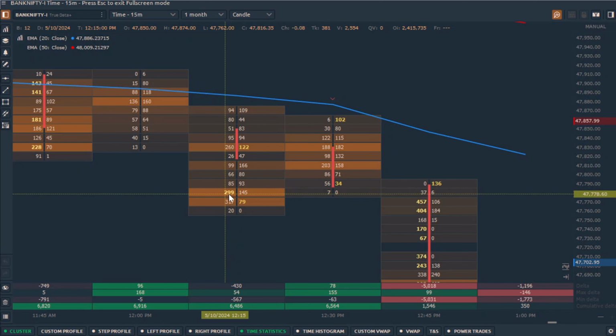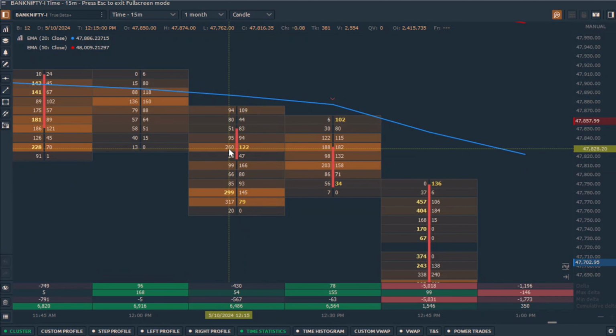Now if you look at this quantity, it is 299 and on the buy side it has been 93. I have set the configuration threshold as 3 times, so anytime the gap between buy and sell is more than 3 times, it is highlighted in yellow, which means potentially there were more aggressive sellers on this particular candle compared to the buyers.